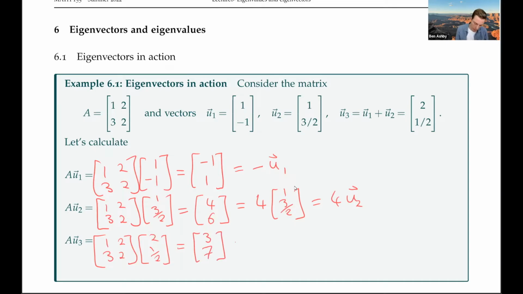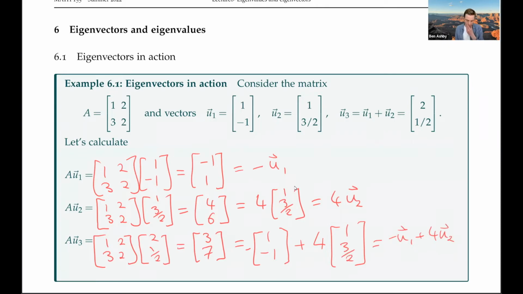Well, we could rewrite that as (-1, 1), which is just minus U1, plus 4 times (1, 3/2). So that's minus U1 plus 4 times U2.